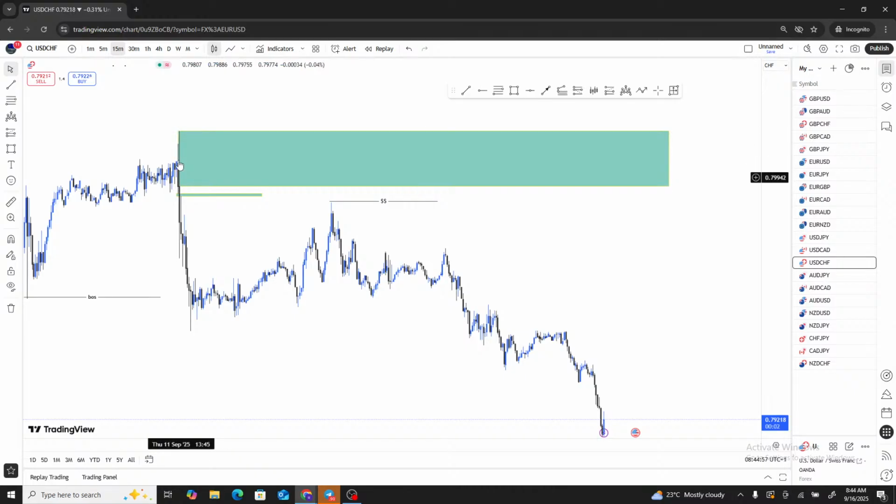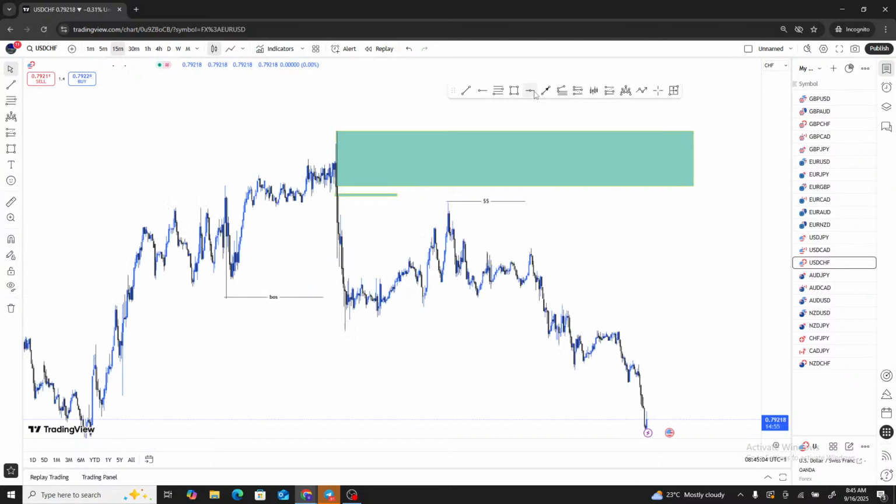It is an imbalance because price just rapidly moved up, took away all the liquidity of people selling from this level. You see from here to here, this little range?